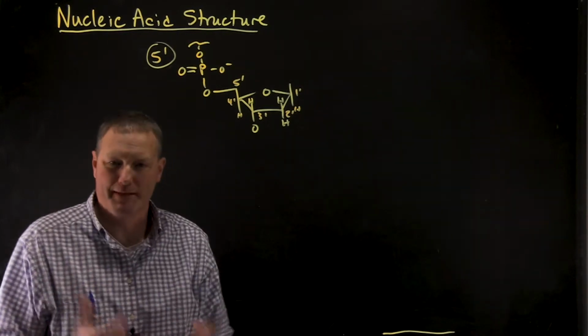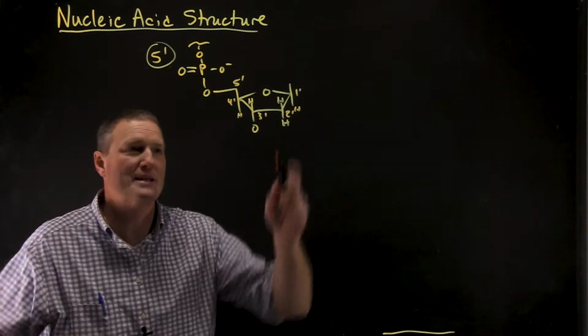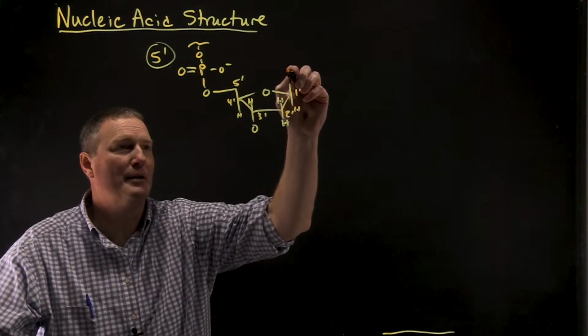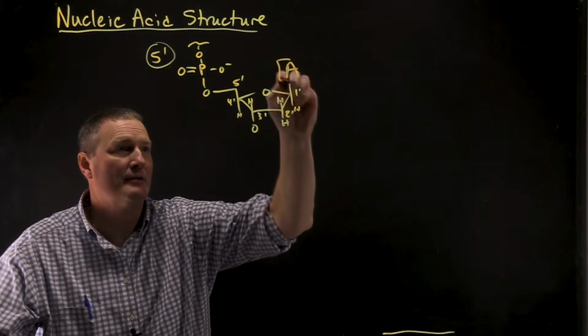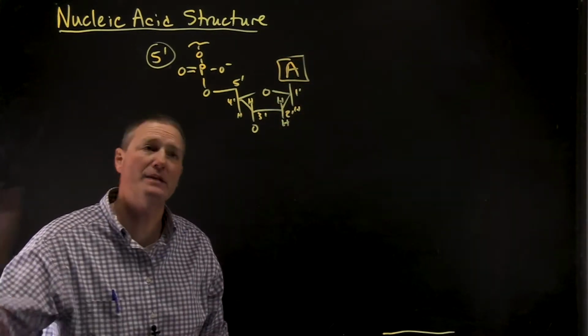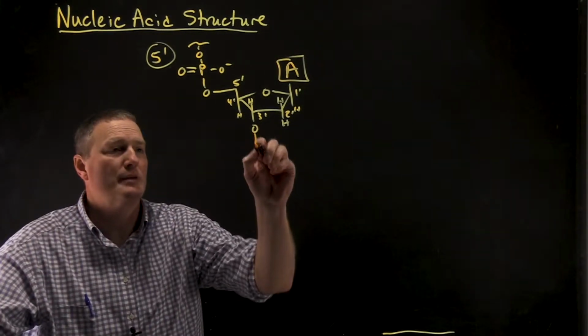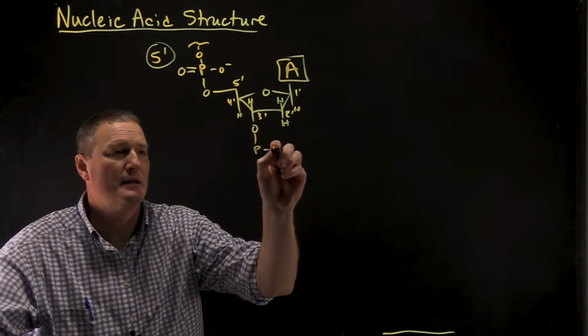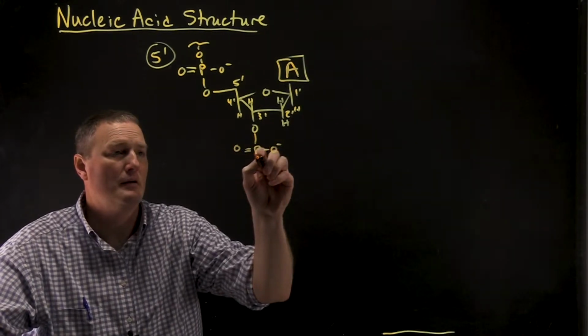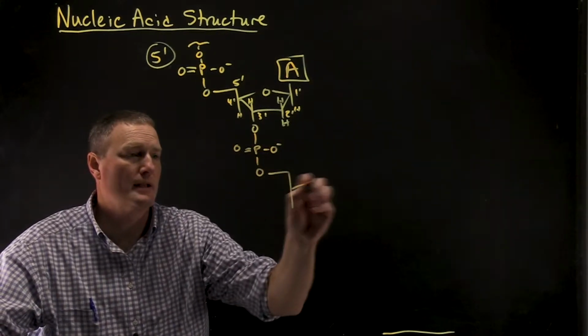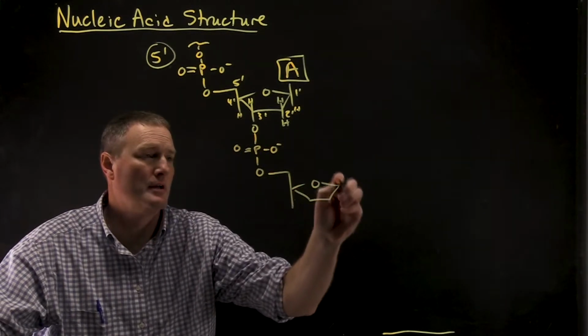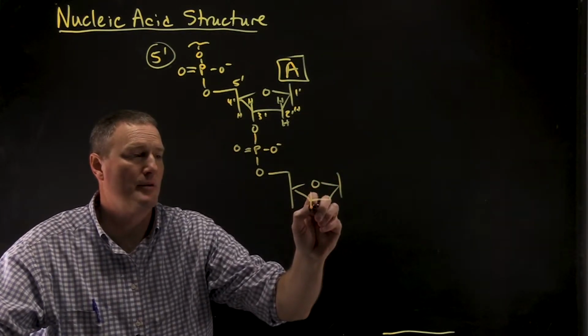Now, since in the previous part of the video I drew out all of the bases, I won't bother drawing that out. But let's say we have an A right here. Okay, that's one nucleotide. Now, if it's going to be connected to another one, this would be followed by the phosphate. So again, I would draw out another deoxyribonucleotide.